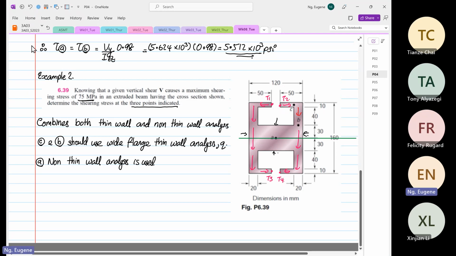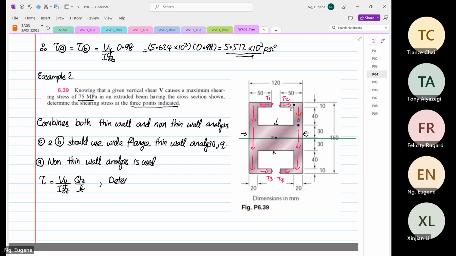Okay. So what we're going to do, we're going to apply the formula where shear stress is equal to Vy over Izz, right? Qz over T. And we are going to determine the location of tau max.